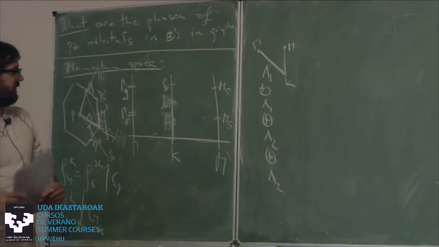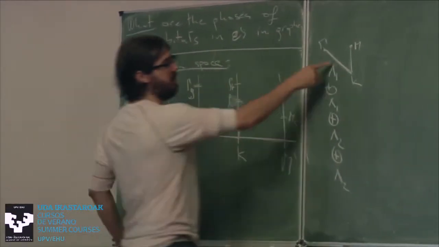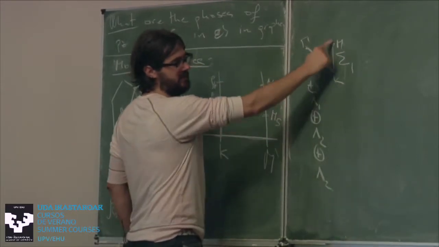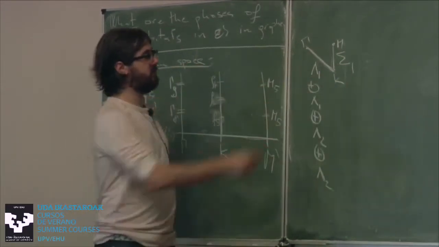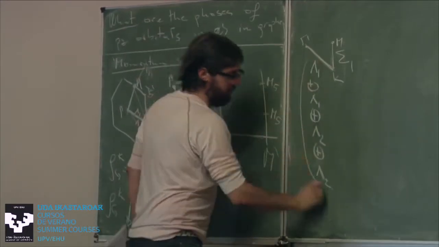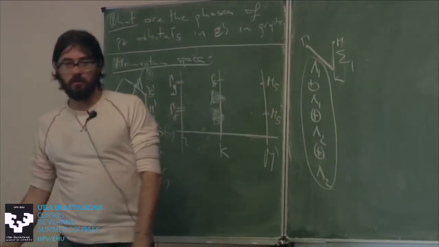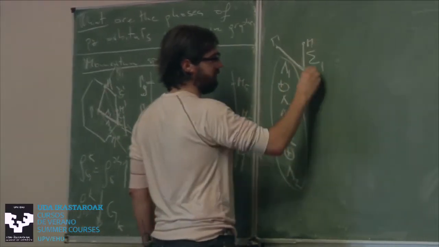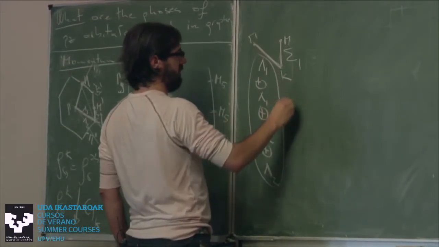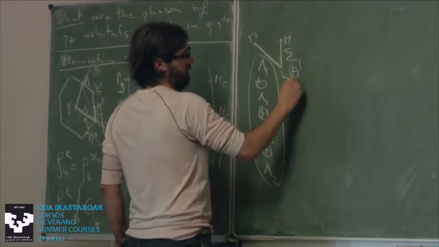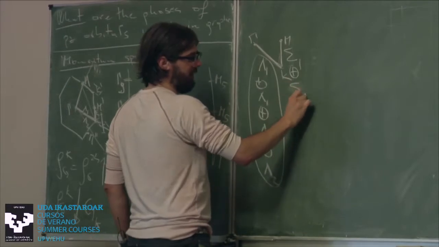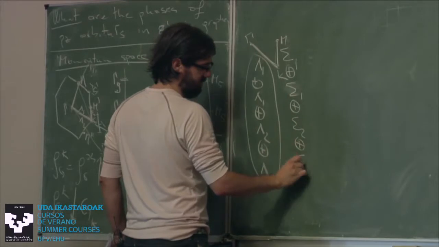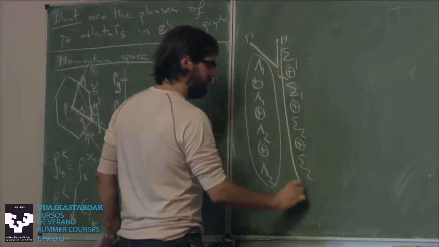It's a four-dimensional representation. All these lambdas are representations of this line, and sigmas are representations of this line. They're one-dimensional. So this is a four-dimensional representation. The band representation has to decompose into four. And on this line, there's also only one-dimensional representations: sigma 1 plus sigma 1, two different one-dimensional representations, plus sigma 2 plus sigma 2.